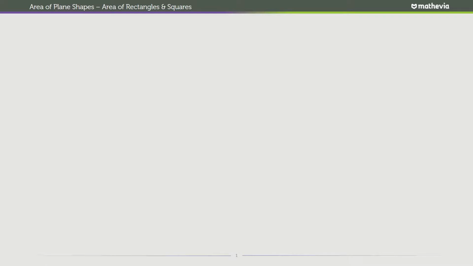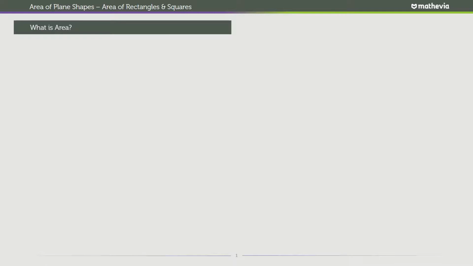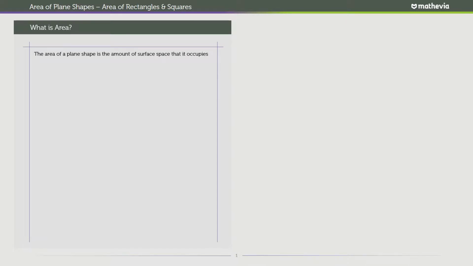Area of plane shapes, area of rectangles and squares. Now what exactly is area? What is this area that we're talking about? The area of a plane shape is the amount of surface space that it occupies.